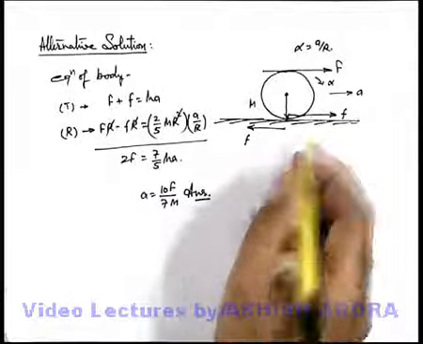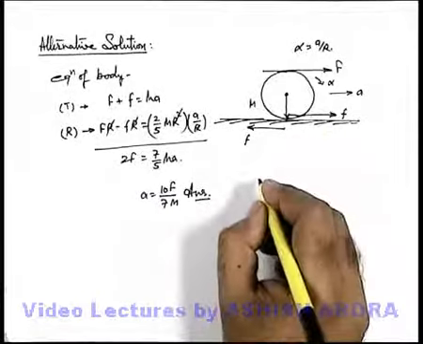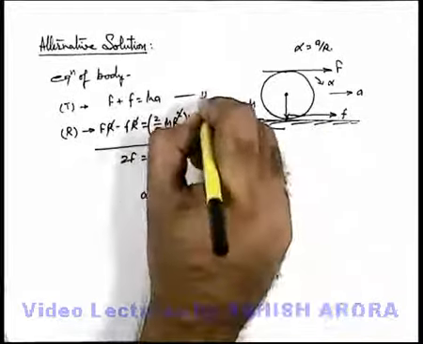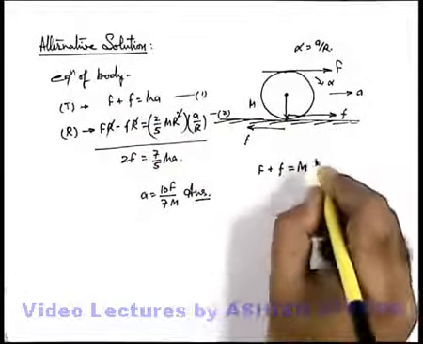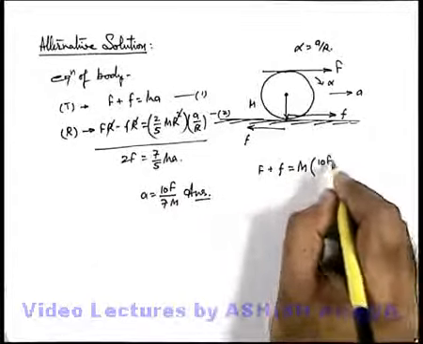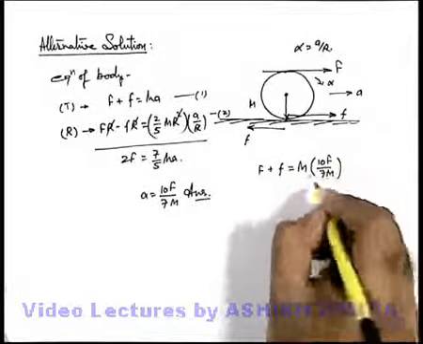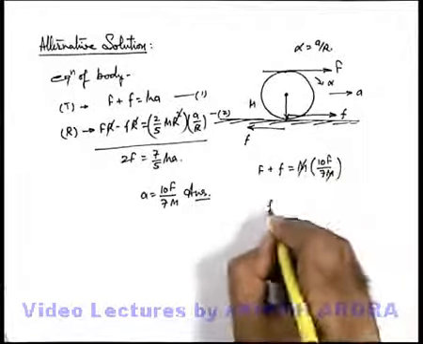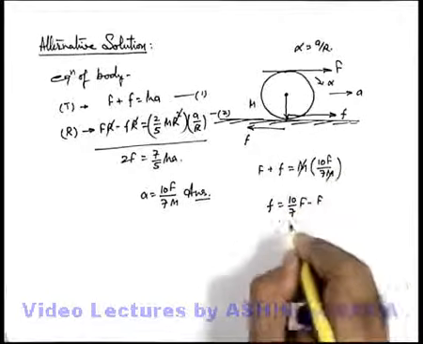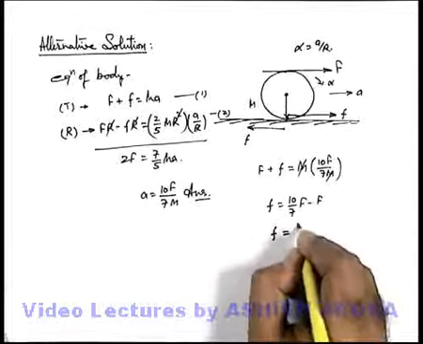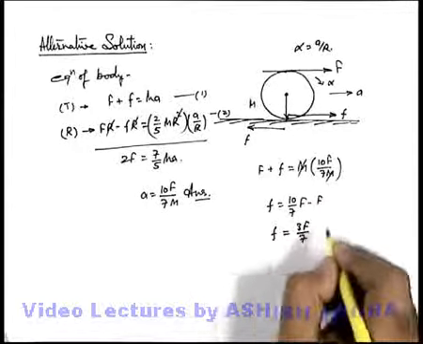If we just evaluate the friction in this situation, then by equation 1, we can use F plus f is equal to ma, and I can write acceleration as 10F by 7m. So here m gets cancelled out, and the friction I'm getting is 10 by 7 F minus F. So here the friction I'm getting is 3F by 7.